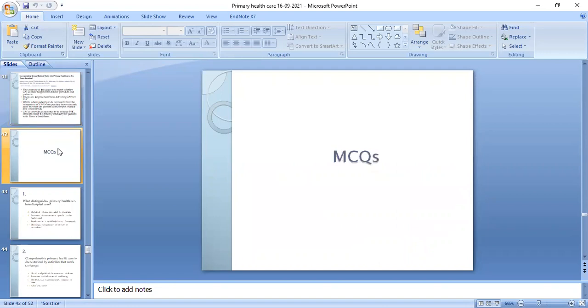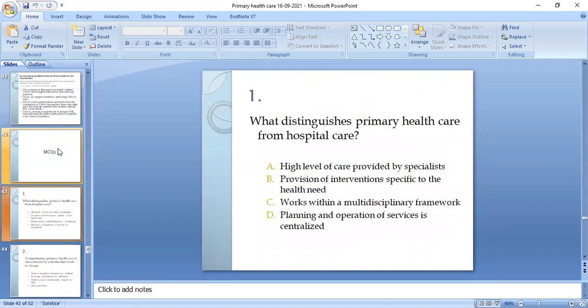Now the time for MCQs. First MCQ, what distinguishes primary health care from hospital care? A option is high level of care provided by specialists, B provision of intervention specific to the health need, C works within the multidisciplinary framework, or D the planning and operation of services is centralized.